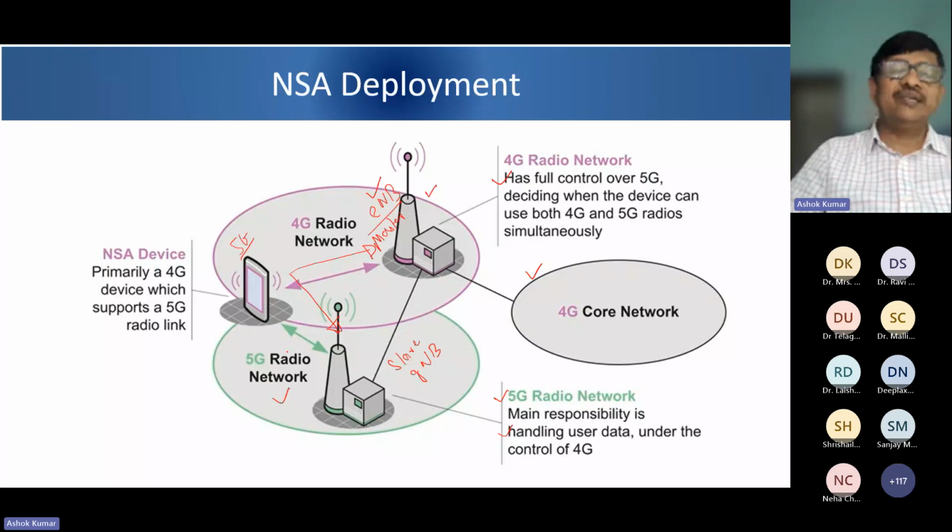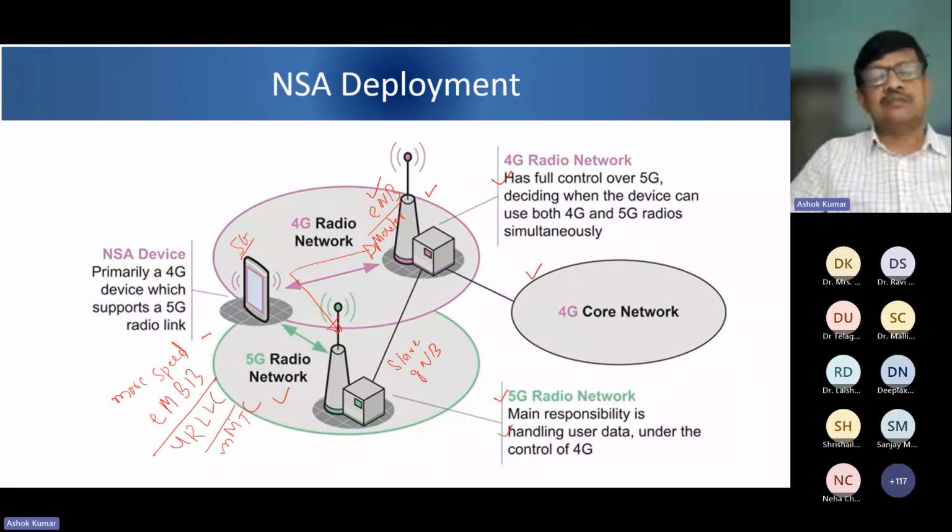The benefit we get is that in the coverage area of these BTSs, users are able to have 5G speeds. That means we are able to realize the enhanced mobile broadband feature. But in this architecture, we will not be able to realize URLLC or mMTC features, that is latency-sensitive applications, and sensor IoT kind of devices will not be working.